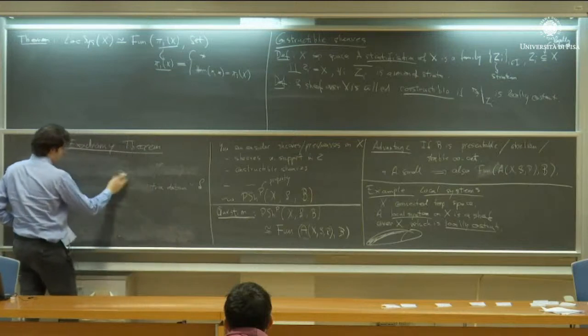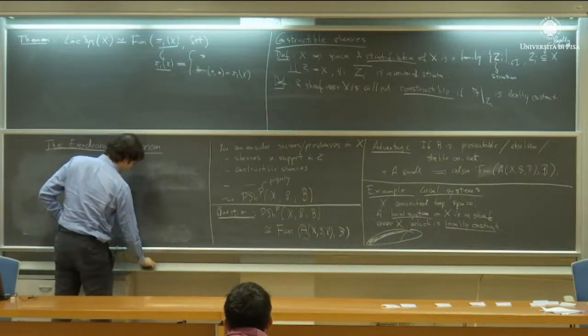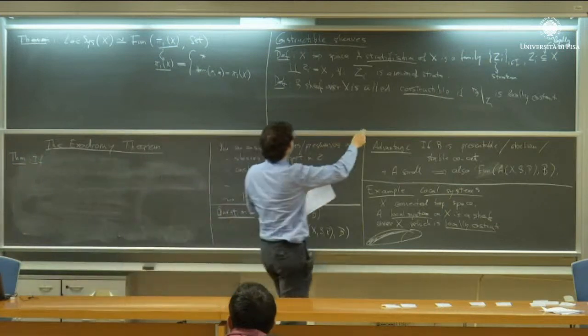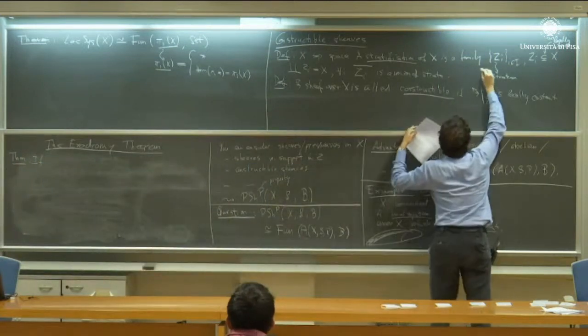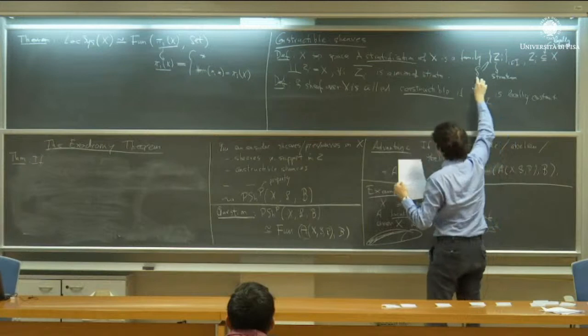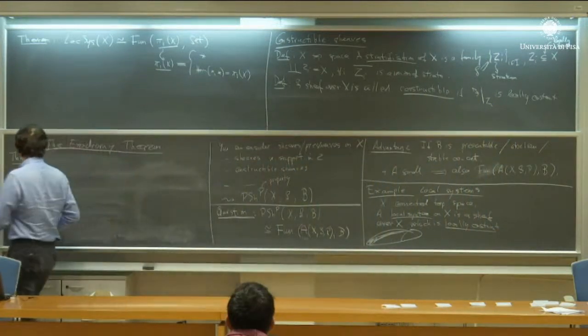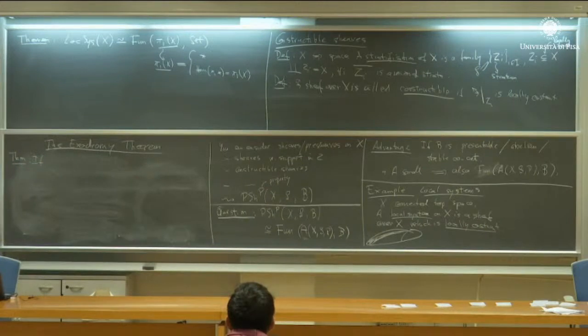Actually, the actual exodromy theorem is a vast generalization of this. The theorem is that if, let me call the stratification S, the stratification S is this family, and it's the same letter I had used here. So it's the actual additional datum I am putting on my topological space.